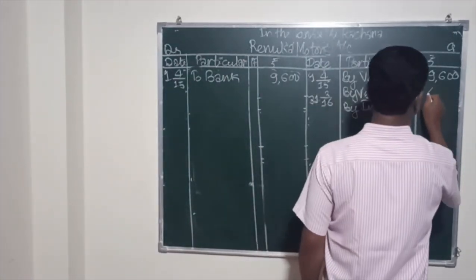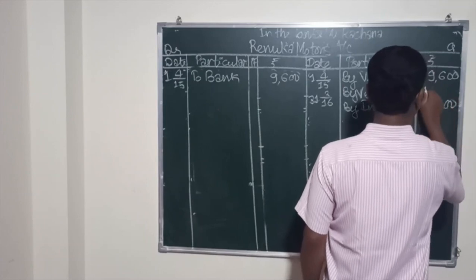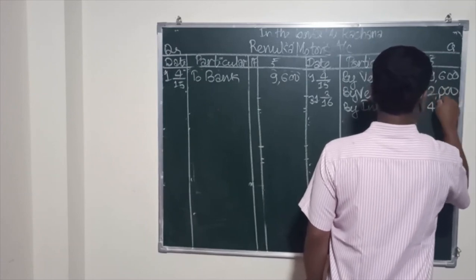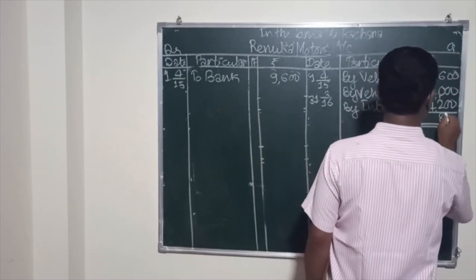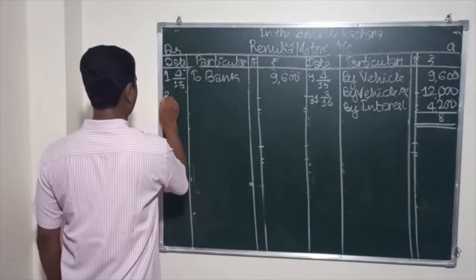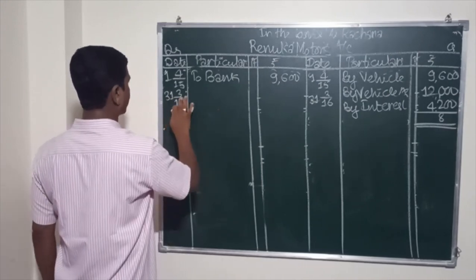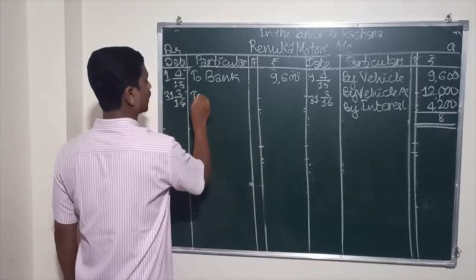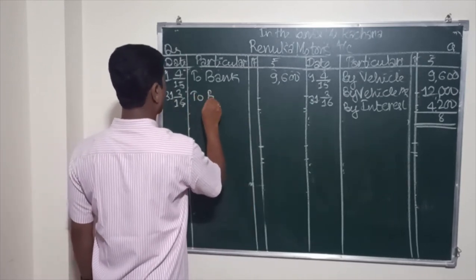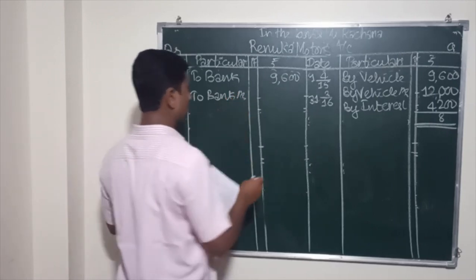So 4,200 is the interest, then 12,000 is the principal sum. When this is paid on 31/3/16, then the entry will be Renuka Motors account debit to bank account. So the first installment, which is given in the problem as 16,200.